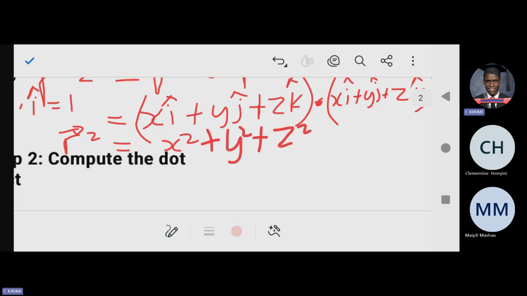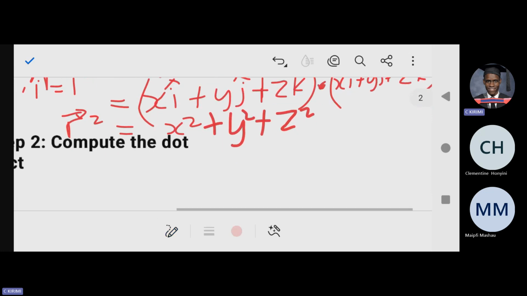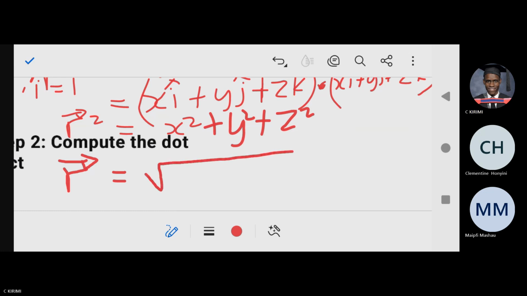But we know that r as a vector, it's the square root of what? Of x squared plus what? Yes, y squared. The magnitude of r as a scalar, sorry. This one is r as a vector, it has components x i.